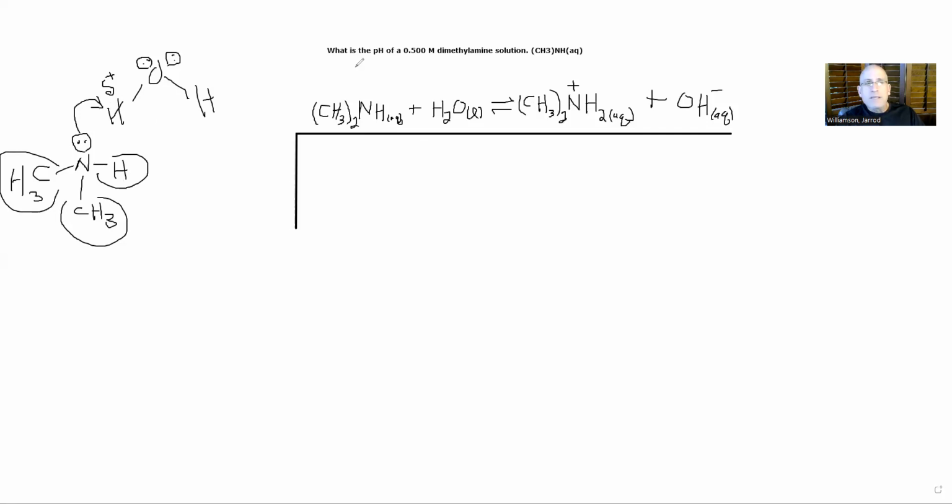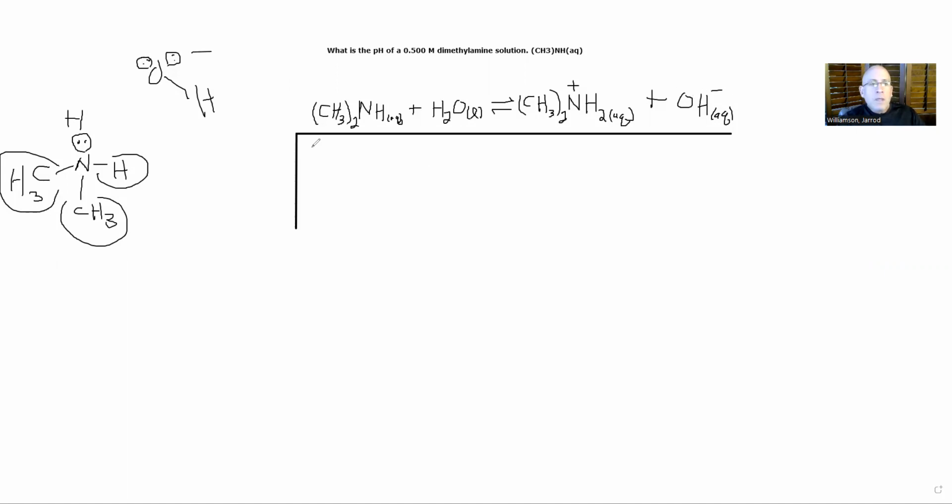When that electropositive hydrogen is removed, I end up with that hydrogen on this molecule. And then I end up with the OH, a negatively charged ion, which is this. You need to know that.